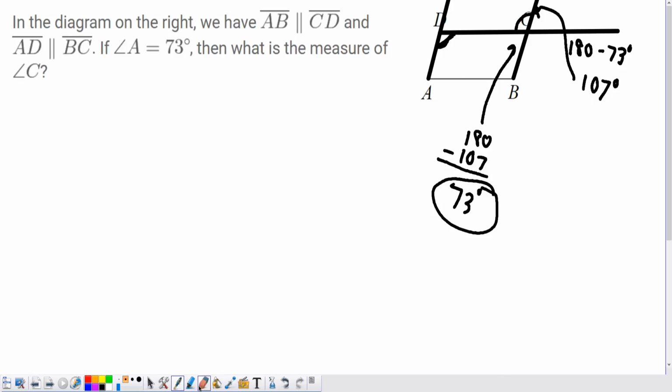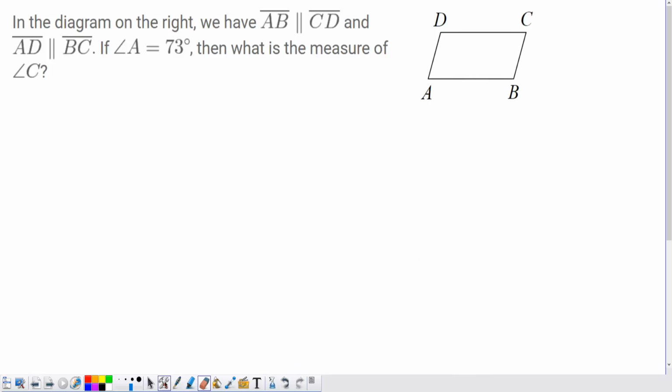Now, hopefully you get to the point where all these extra lines are really unnecessary, and you can just quickly tell. Alright, you got some parallel lines, these ones here and here. You start with this 73 degrees. Any angles that I know are immediately congruent with it?